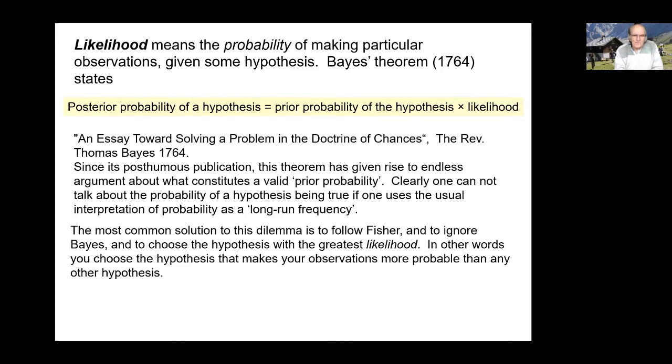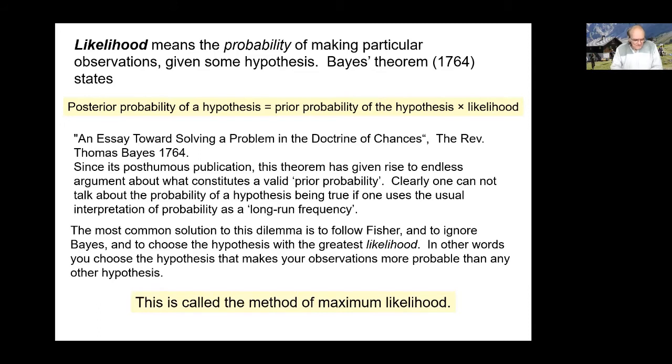Luckily, Ronald Fisher, the great statistician and shocking racist, provided a way around this, and that's to choose the hypothesis with the greatest likelihood. And what that means is you choose the hypothesis that makes your observations more probable than any other hypothesis.